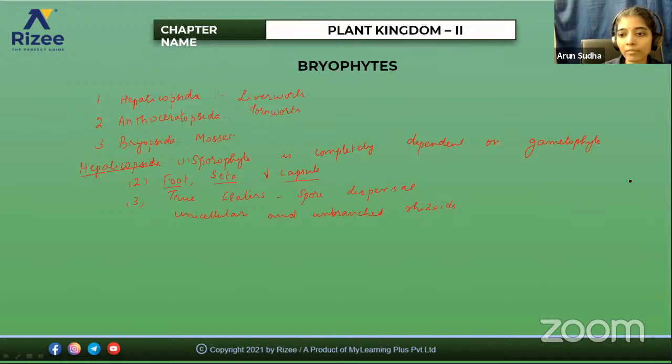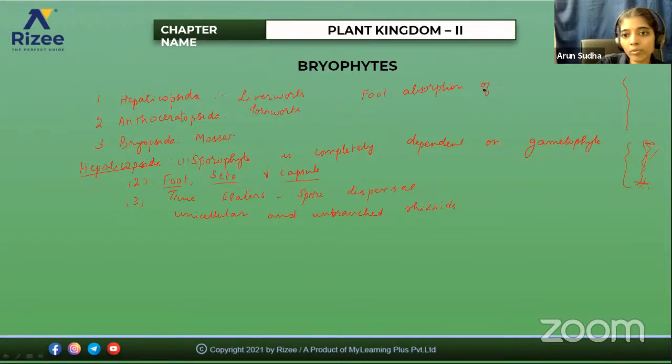We saw that first there will be rhizoids, then the main axis, then leaf-like structures, and these are all the gametophytic phase, and above this is the sporophytic phase. Here the foot is an absorptive organ, for absorption of nutrients.